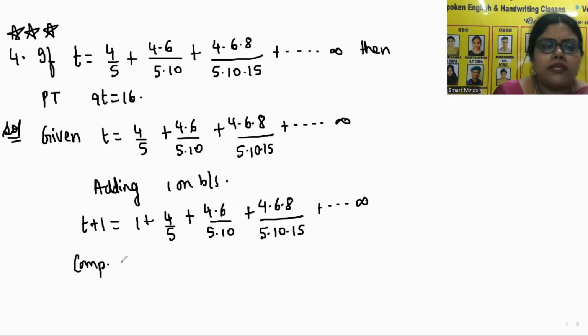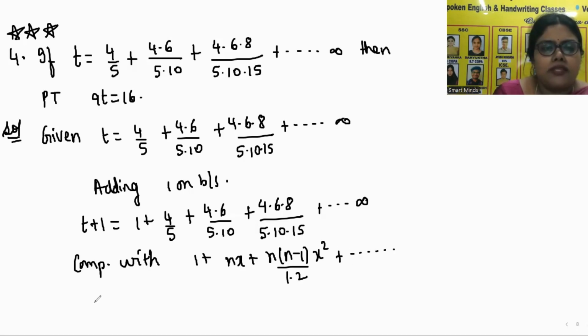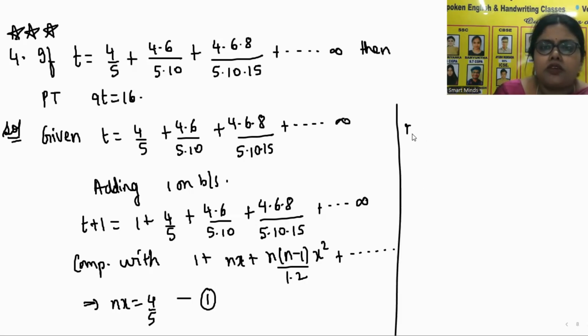Now comparing this equation with 1 plus nx plus n into n minus 1 by 1 into 2 into x square plus so on, you can see in the place of nx you have 4 by 5. This is equation number 1. Now in the place of n into n minus 1 by 1 into 2 x square, you have 4 into 6 by 5 into 10.